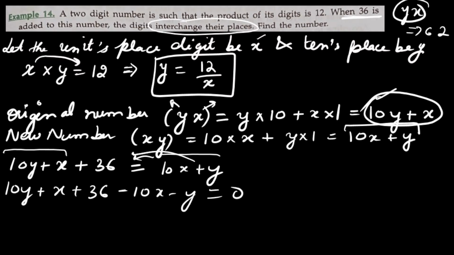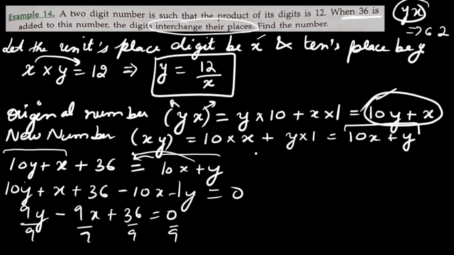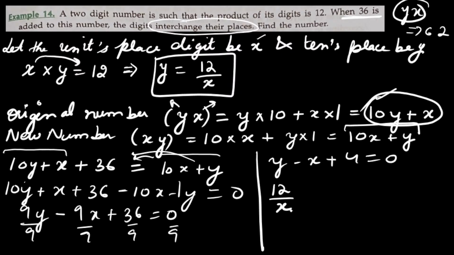These two I just shifted to this side. So 10y minus y is 9y, and this is minus 9x plus 36 is equal to 0. Now 9 was common, so I took the common factor 9. From here I got y minus x plus 4 is equal to 0. This is how I got it earlier also. Now y's value is 12 by x, so we can substitute, because the quadratic equation should be in one variable.